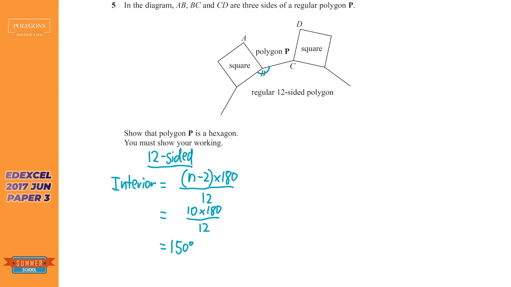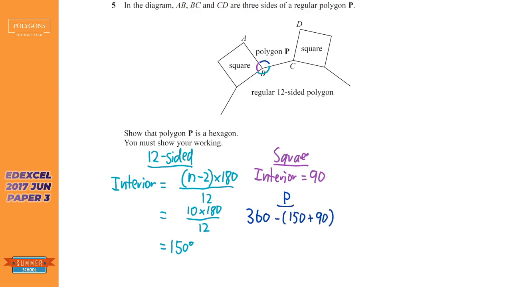Right, next we'll move on to the square. So square, interior, obviously 90. Right, so to work out the polygon P, angles on a point is 360, so 360 take away 150 plus 90.